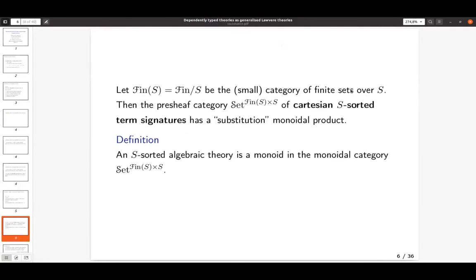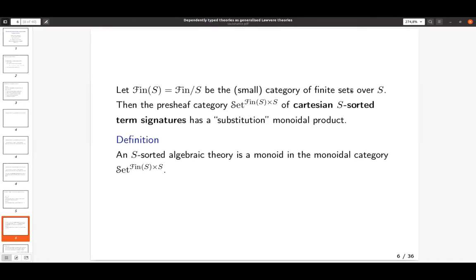Now if you let fin S be the category of finite sets over S, its objects should be thought of as finite contexts of variables that are typed by elements of S. Then the presheaf category, so the category of covariant presheaves from fin S cross S to Set, is the category of Cartesian S-sorted term signatures, in that given a finite context of S-sorted variables and a sort in S, the presheaf gives you the set of term symbols, or function symbols, that are typed by that context and that sort.